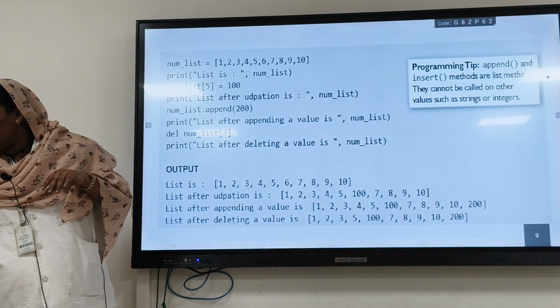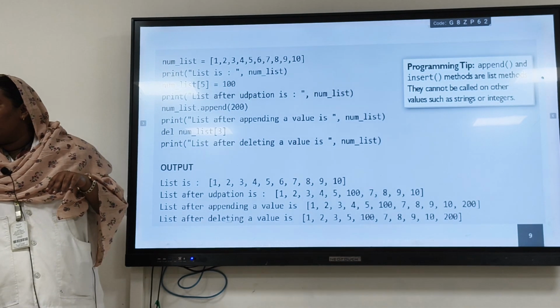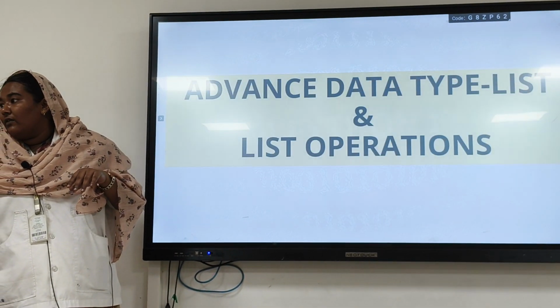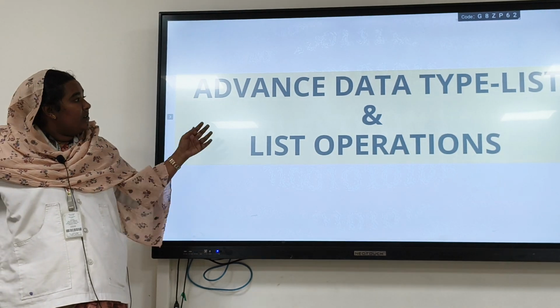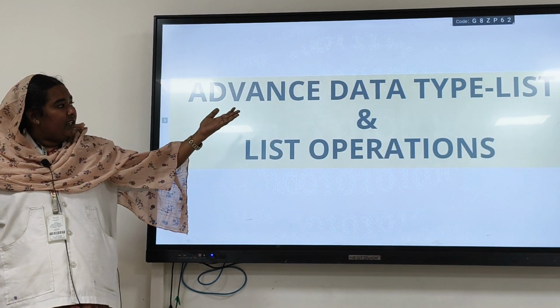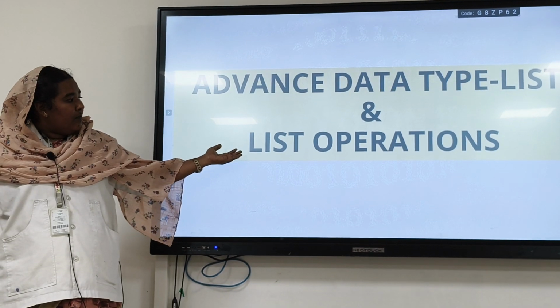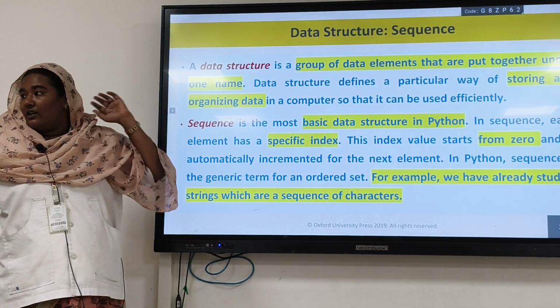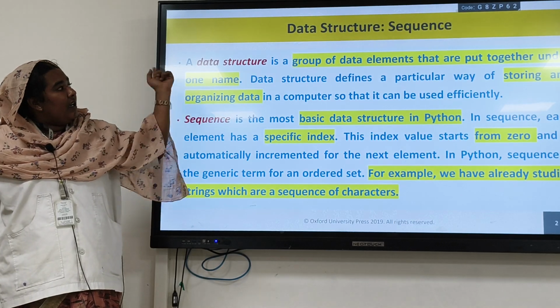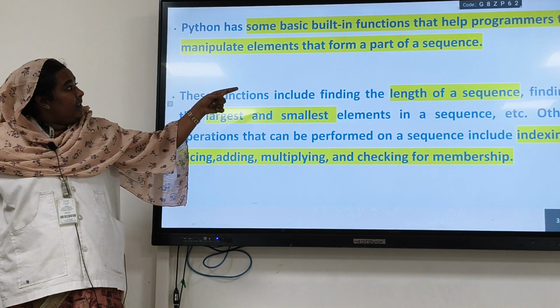Right? Shall we conclude today's lecture? In today's lecture, we saw what is advanced data type, and then one of the advanced data types is list. We saw some of the list operations. First one, before going into list, we saw what is data structure and what is sequence, right?